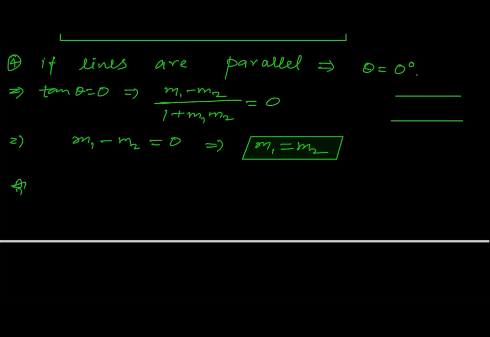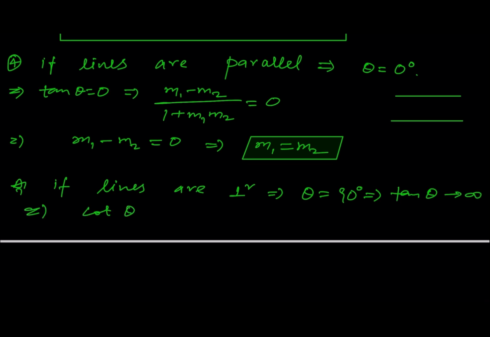Also, if lines are perpendicular, implies theta is equal to 90 degree, implies tan theta tends to infinity, implies cot theta is equal to 0, implies 1 plus m1 m2 upon m1 minus m2 is equal to 0, implies m1 m2 is equal to minus 1.